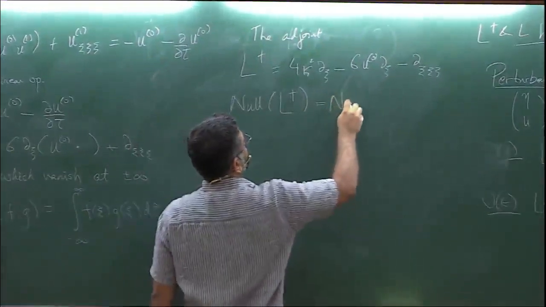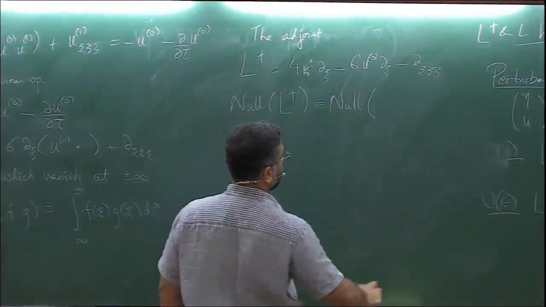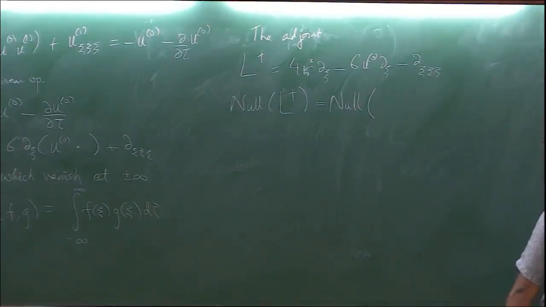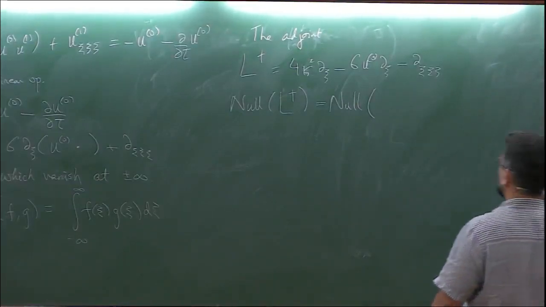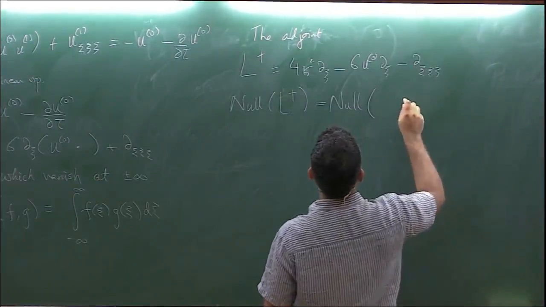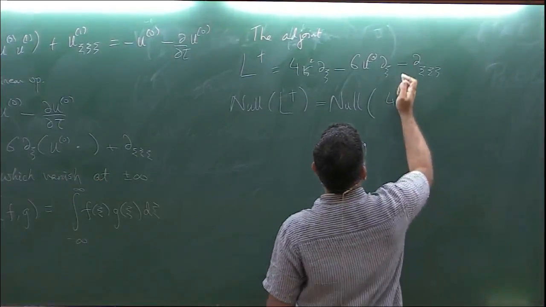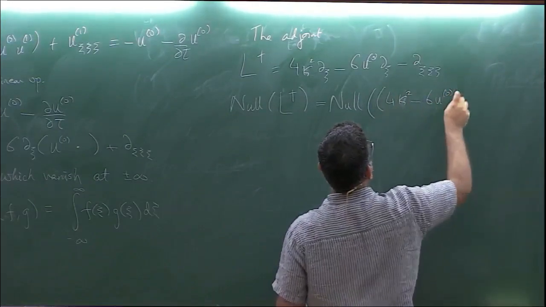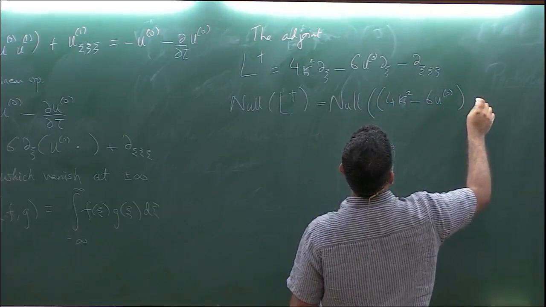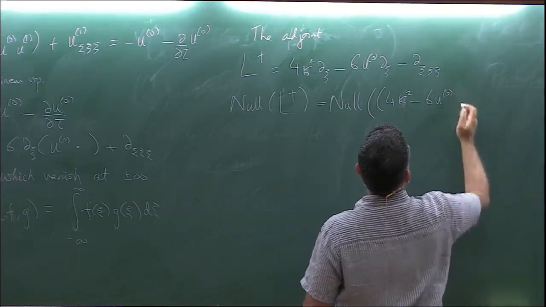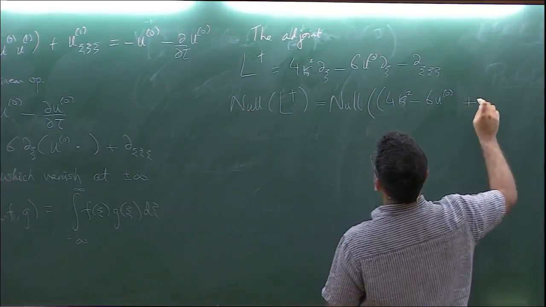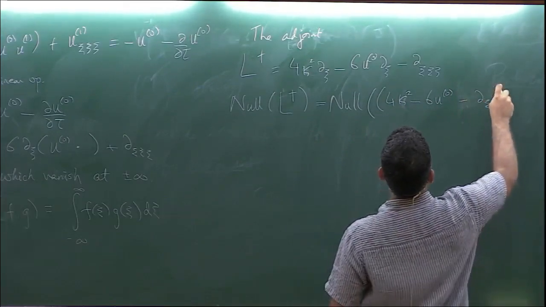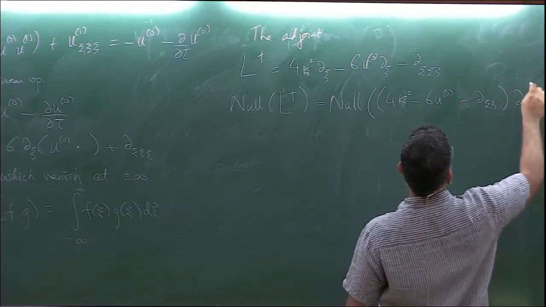Note, I can write L dagger in terms of products of operators as 4 kappa squared minus 6 u naught minus d/dxi squared, times d/dxi.